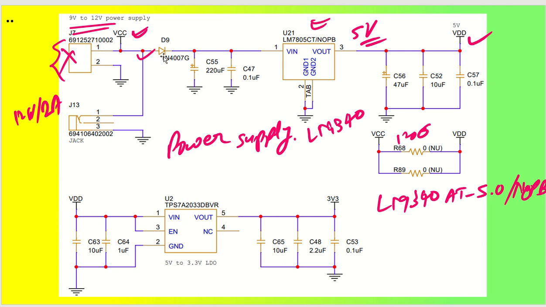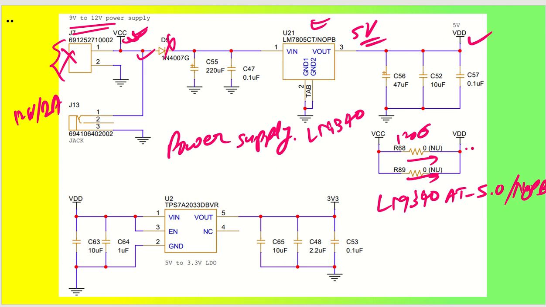That 5 volt you don't have to pass through the linear regulator, you can connect it directly to VDD. So for that I have bypassed. You can make D9 not used and remove it, and then VCC will be directly connected to VDD through these two resistors. You mount these two resistors and you will get your VDD.